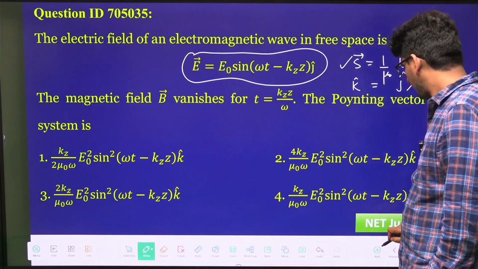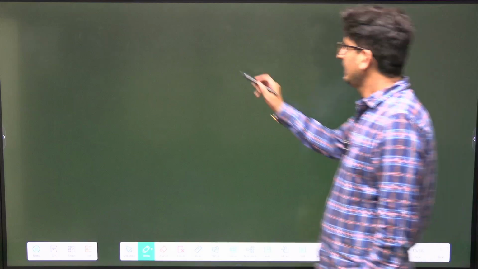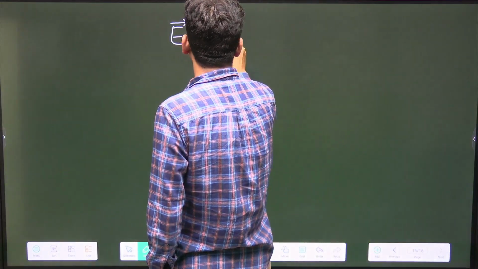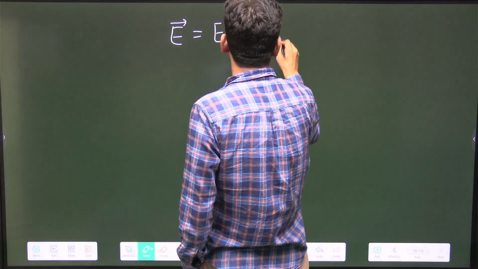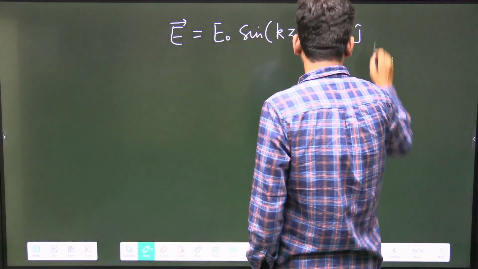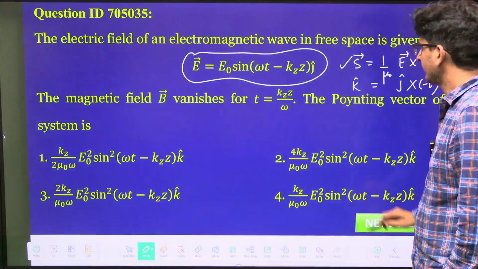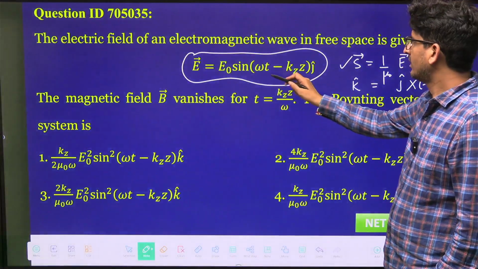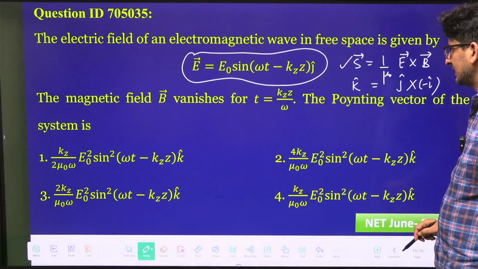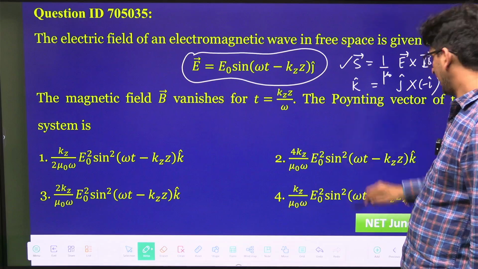So electric field profile is given. E is equal to E naught sine kz minus omega t J cap. We can check this: E is equal to E naught sine omega t minus kz in J cap.